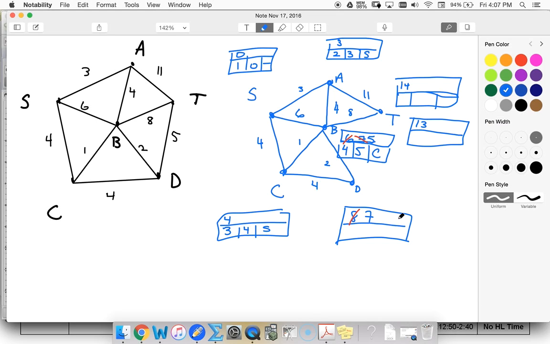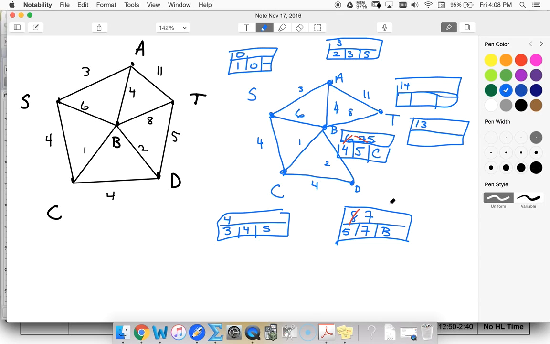Now I'm going to take my smallest number so far, and that is the 7. Remember, this is my distance from the start. Since I have 7 as my smallest distance from the start, that's the one I'm going to take. So I'm up to vertex 5. My distance is 7, and to get here I came from B.